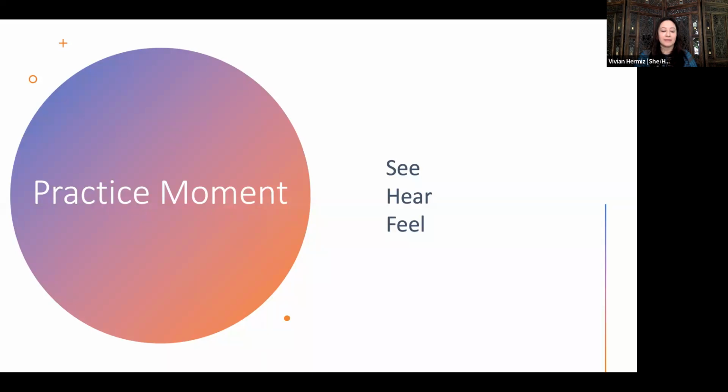Rest in that space. You can explore the rest by noticing where you sense the quiet. Letting it be in the foreground and letting all the other senses be in the background.